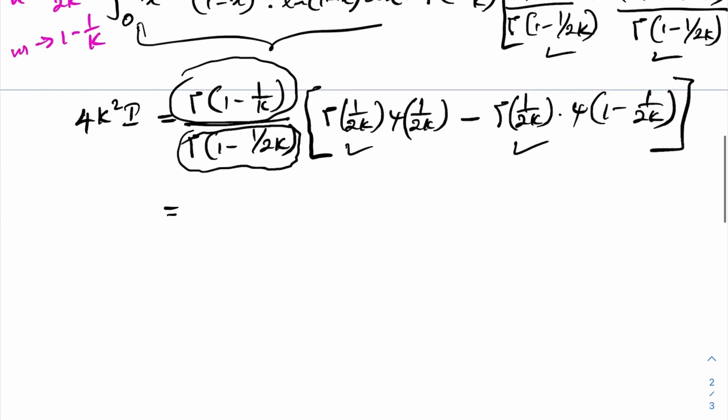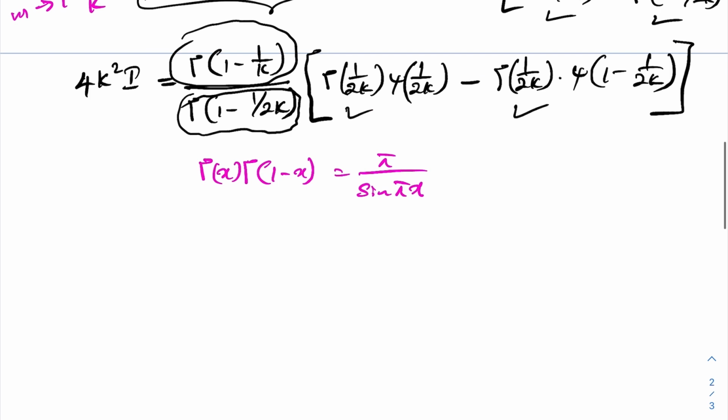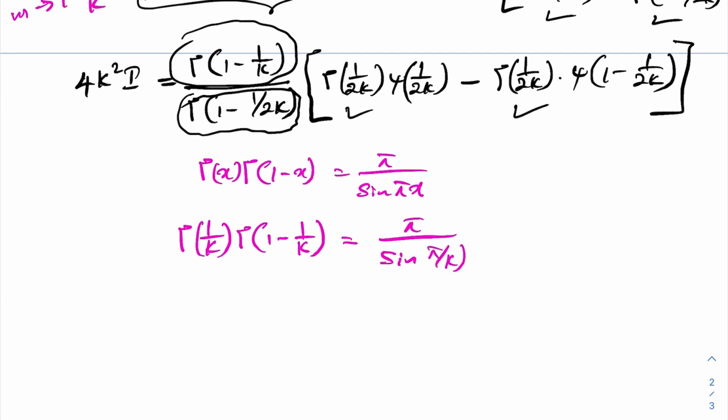So we know now gamma of x times gamma of 1 minus x is equal to pi over sine of pi x. Now instead of x, I'm going to plug in 1 over k. So gamma of 1 over k, gamma of 1 minus 1 over k is equal to pi over sine of pi over k.